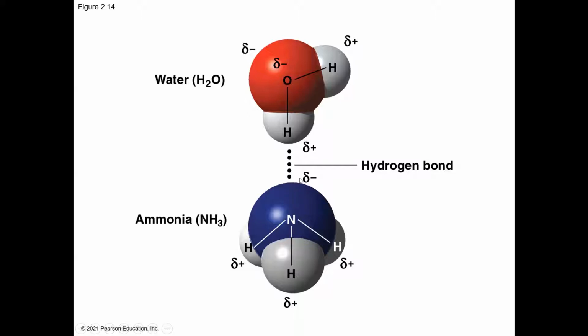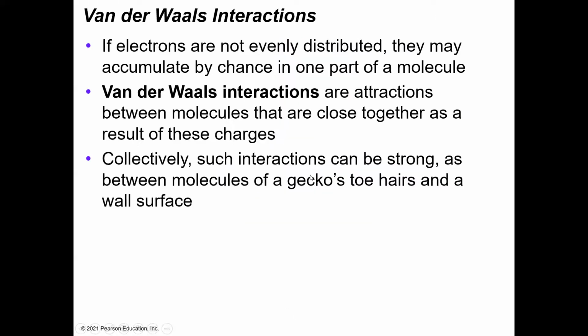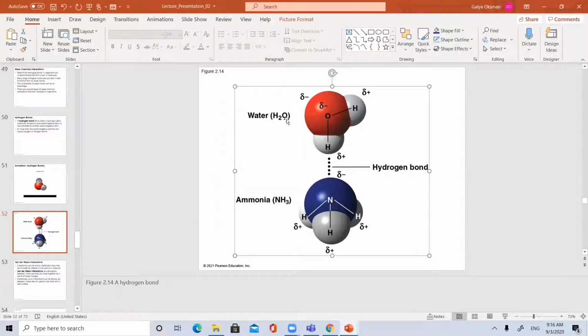They're not ions, these are molecules, but molecules with, again, distributed charges. So positive and negative. You can see it's the same thing in the water molecule itself. Again, the same hydrogen bond.